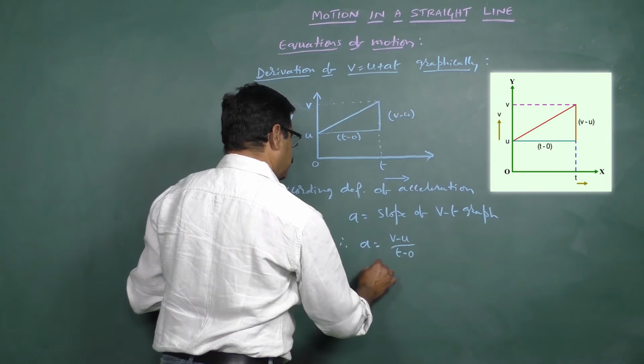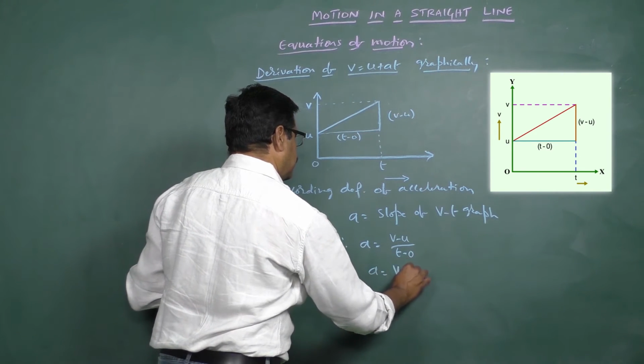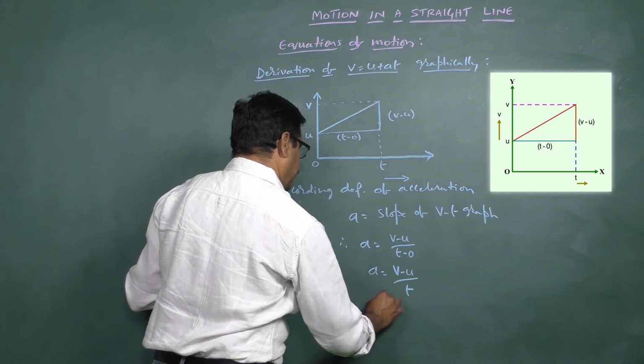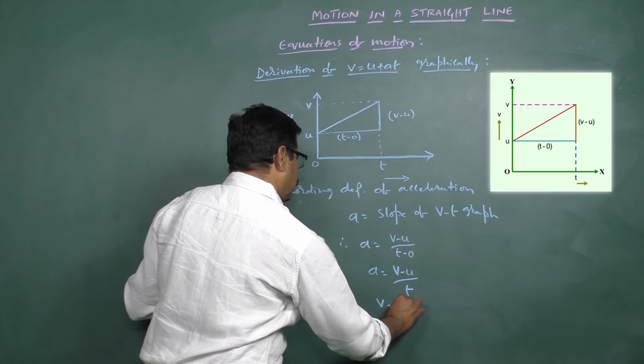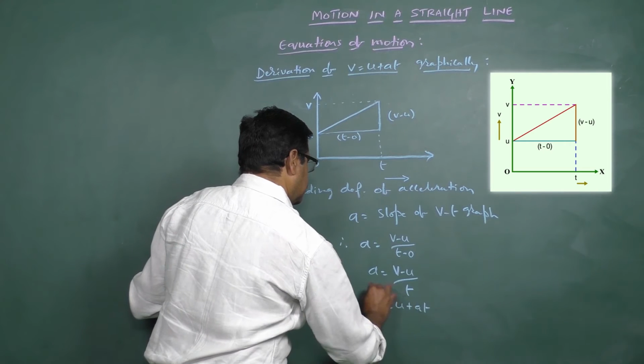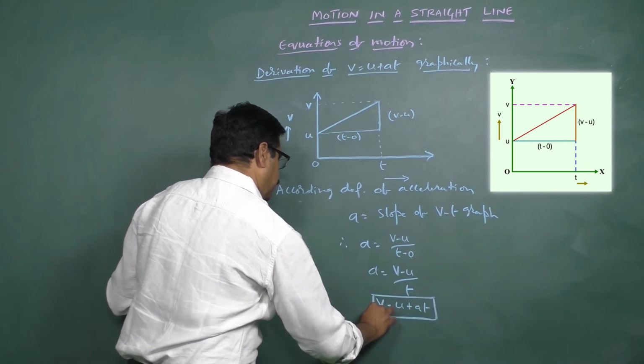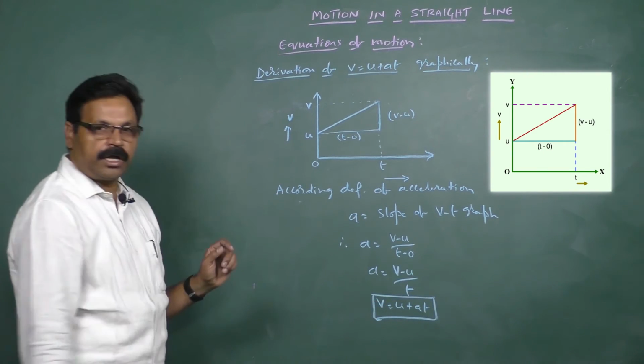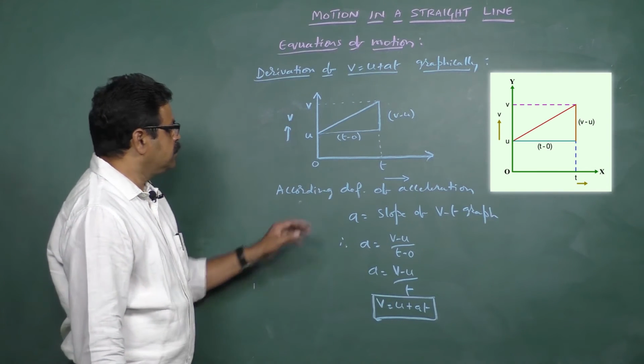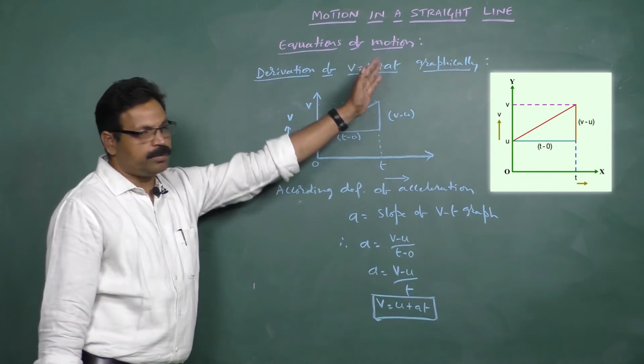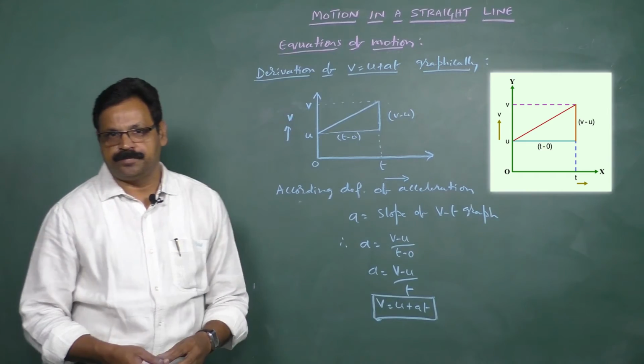That gives a is equal to v minus u by t, and simplifying, v is equal to u plus at. This is how v is equal to u plus at can be derived graphically.